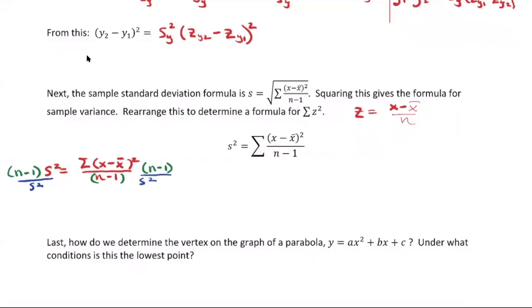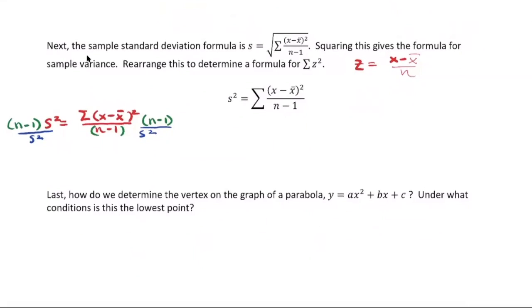Okay. And what you end up with on the left is the s squares cancel. On the right, the n minus 1s cancel. Like that. And what this becomes is just n minus 1 on the left equals the sum.